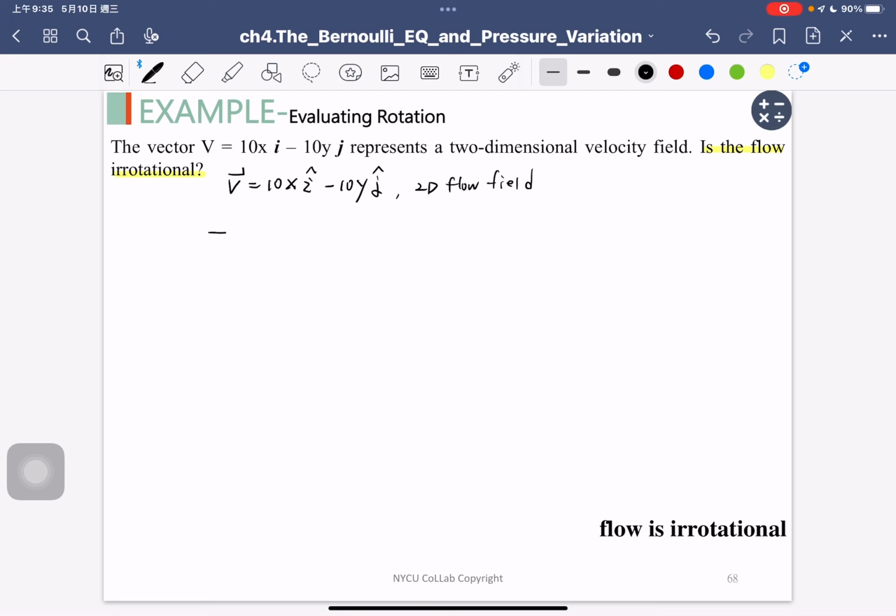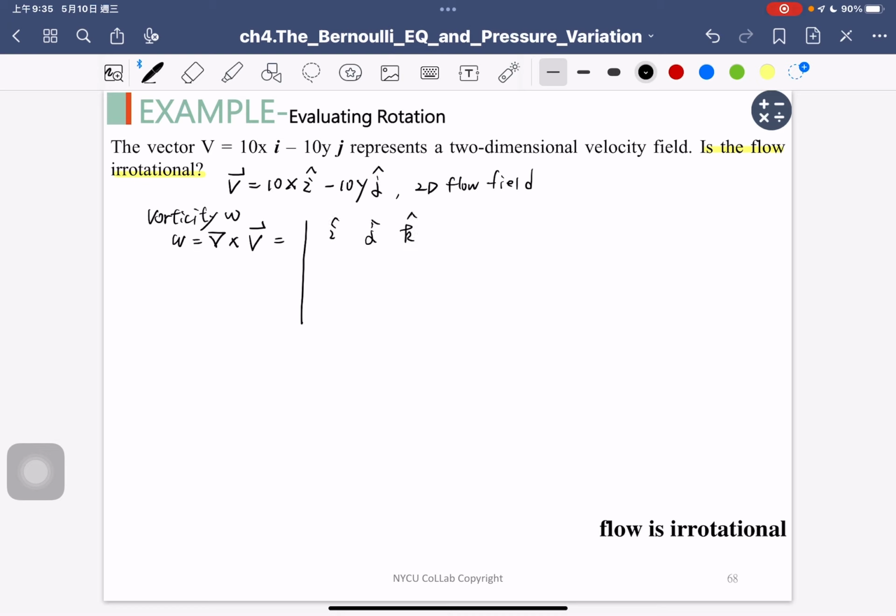We can define a vorticity omega equal to the spatial operator crossed with the velocity vector. How do we define the cross? We have i, j, and k.